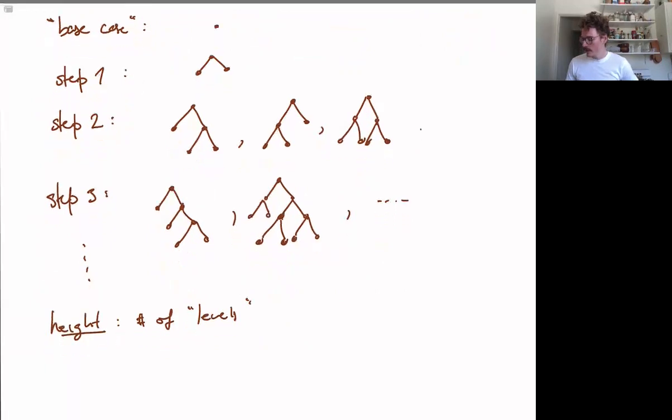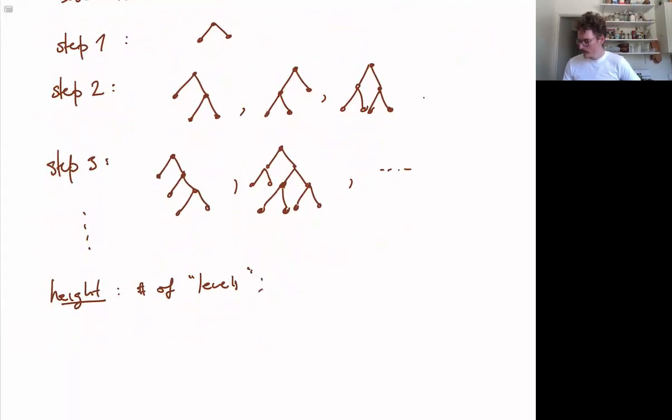But we can also define it recursively. In the following way. So we're actually going to take the number of levels, the way I'm drawing it, minus 1. So the height is going to be like 1, 2, 3, like this.